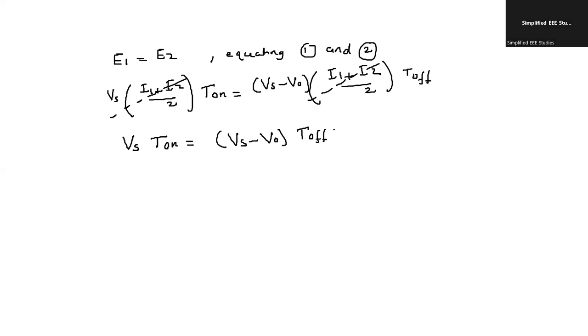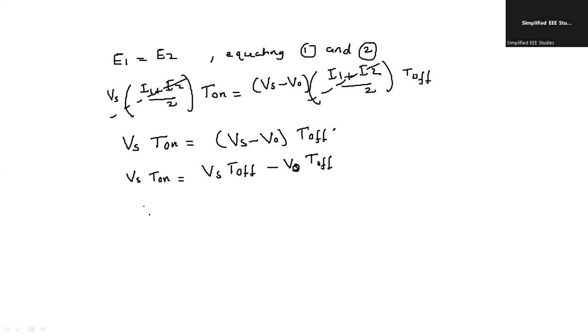By the way, let us elaborate it. So Vs into T on will be equal to, removing the brackets, T off into Vs minus V naught into T off. Now, let us separate V naught into T off on one side.